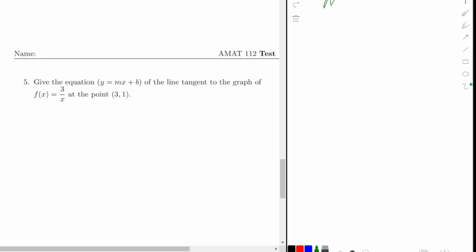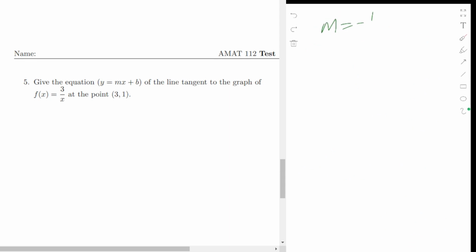So we have a point on the line, which is 3, 1. We have a slope, which is negative 1/3. We all know how to write this in point-slope form, but y equals mx plus b is slope-intercept form, so we need to do a little bit of algebra to get it to look like that.